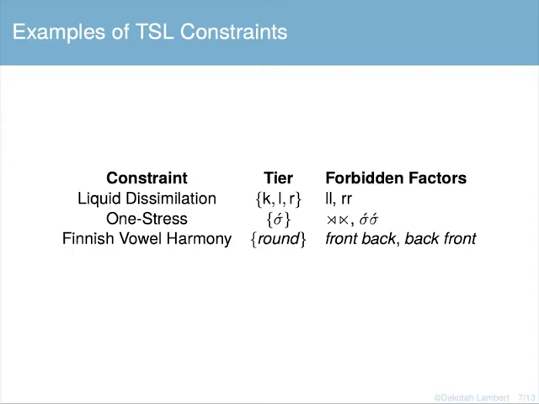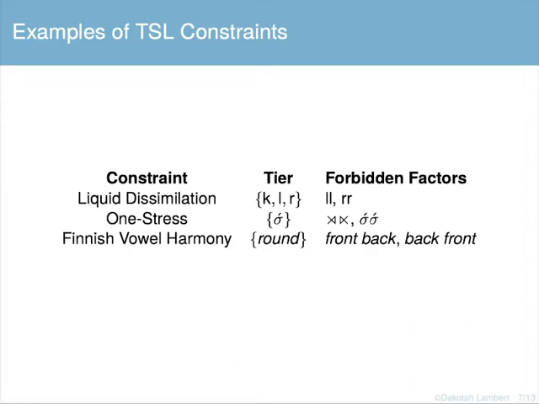And what this requires is that you have at least one symbol of primary stress in the word. But also, you can't have two primary stress syllables adjacent to one another on the tier. And since the tier consists only of primary stress syllables, that's equivalent to saying you can't have two primary stress syllables in the word. At most one. At least one and at most one combine to give us exactly one stress.